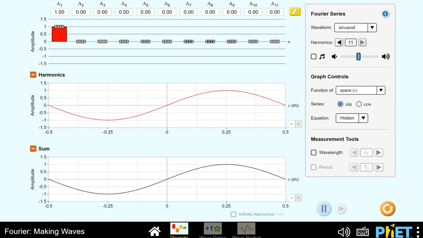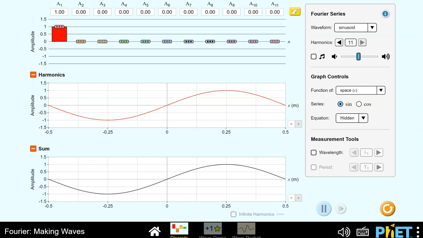Right now, we only have this A1, with an amplitude of 1. The middle graph, the one labeled harmonics, is what that particular wave looks like. It has a specific wavelength and an amplitude of 1. And so right now, the bottom, where it says sum, is showing us the same thing because we only have one wave. We don't have more than one wave to add together.